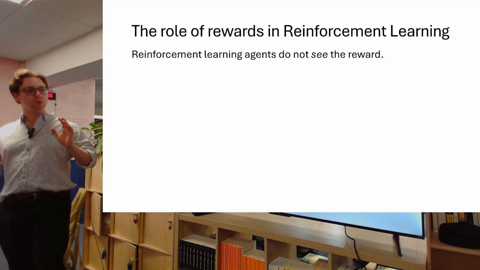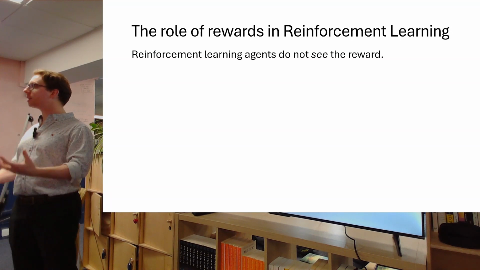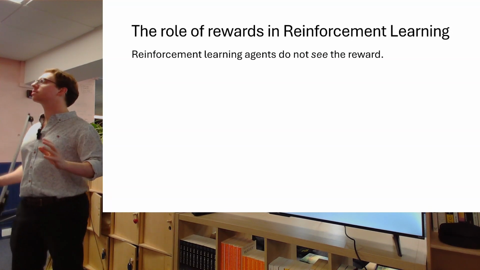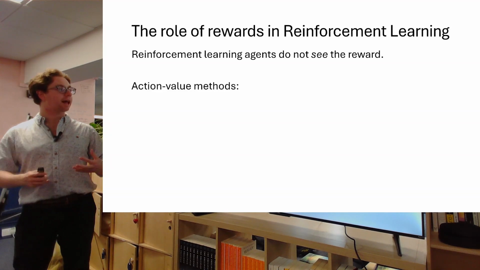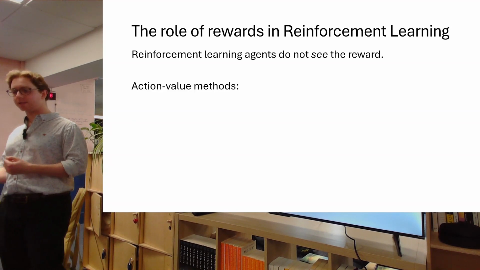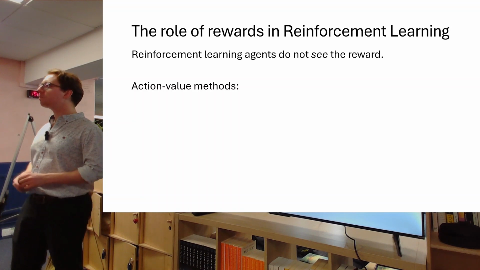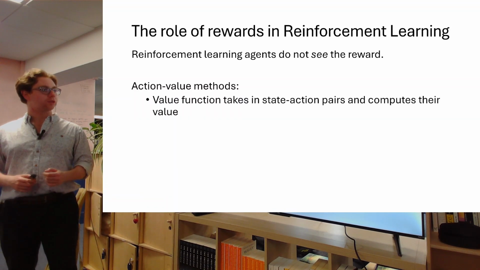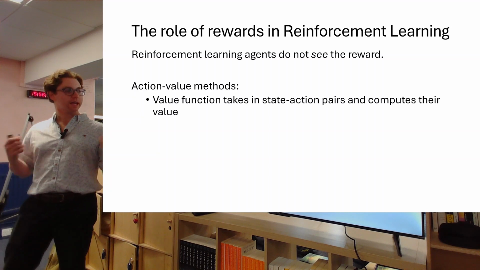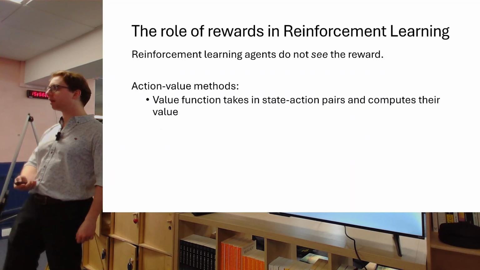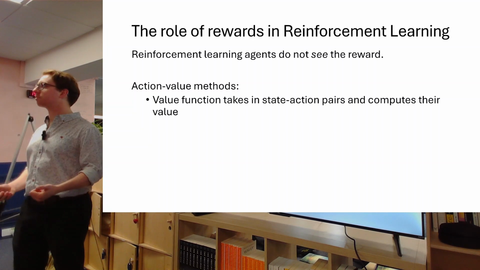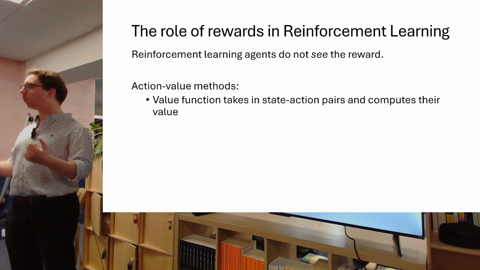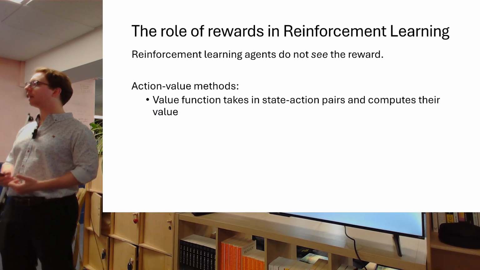So one reason reinforcement learning agents don't maximize reward is that they never see it, right? To go into some detail here, for an action value method, a method like DQN, you have a neural network that's taking in state action pairs and computing their values, right? And this neural network never gets the rewards. The rewards don't get fed into that network.